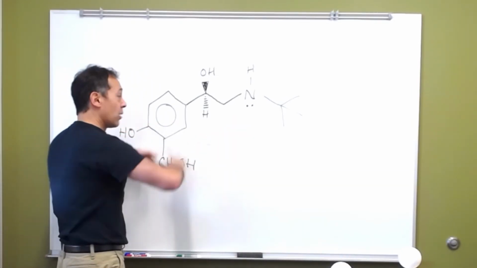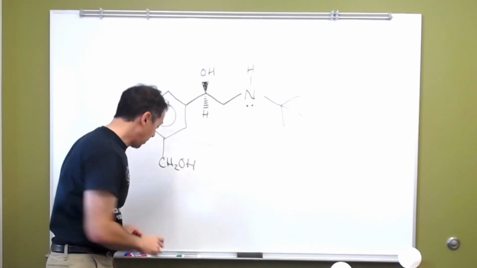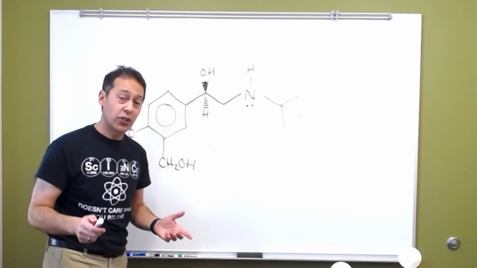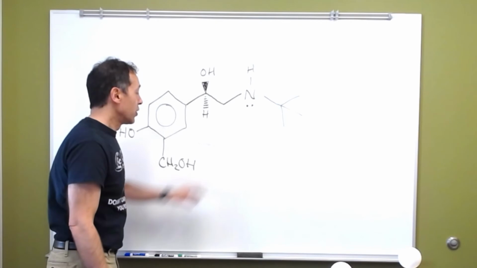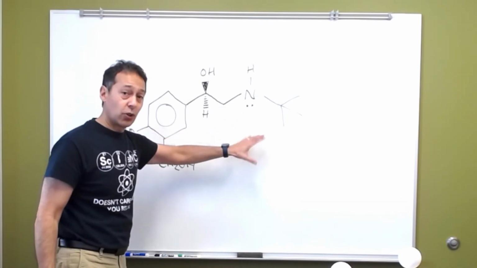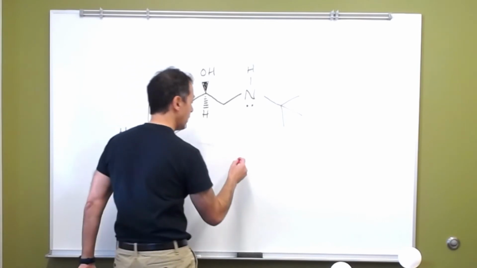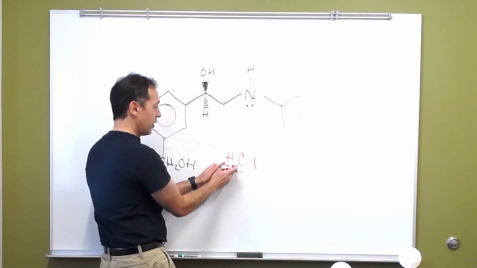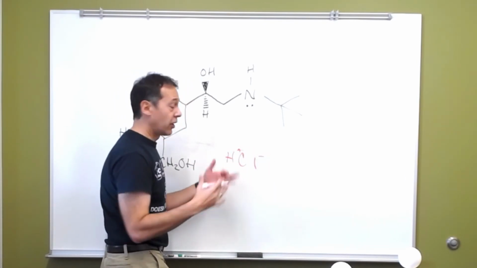Now, albuterol comes in the form of a salt. And if we remember back to a previous video, oftentimes medications are turned into salts to make them soluble in the plasma. So albuterol comes as a hydrochloric acid salt. So if we take HCl like this, the hydrogen becomes a positive ion, chlorine becomes a chloride or a negative ion.